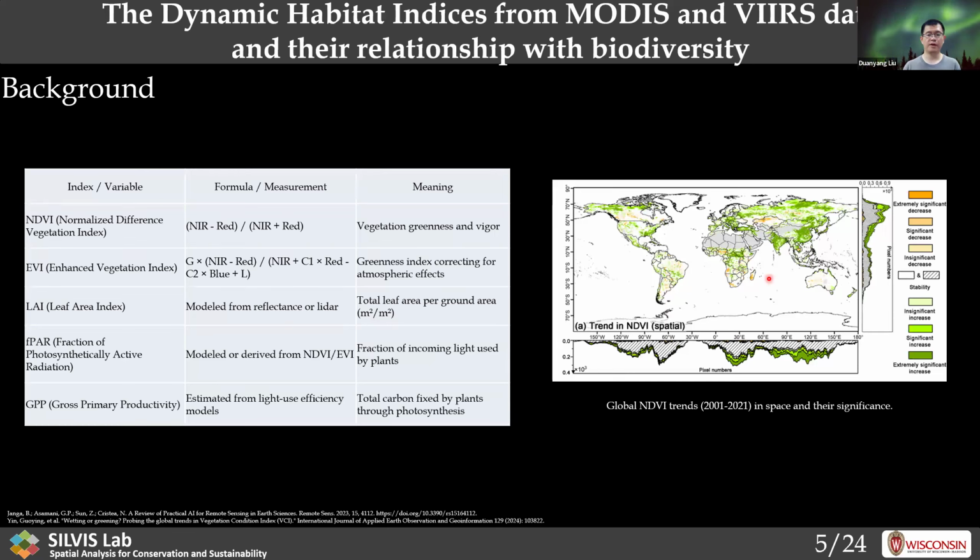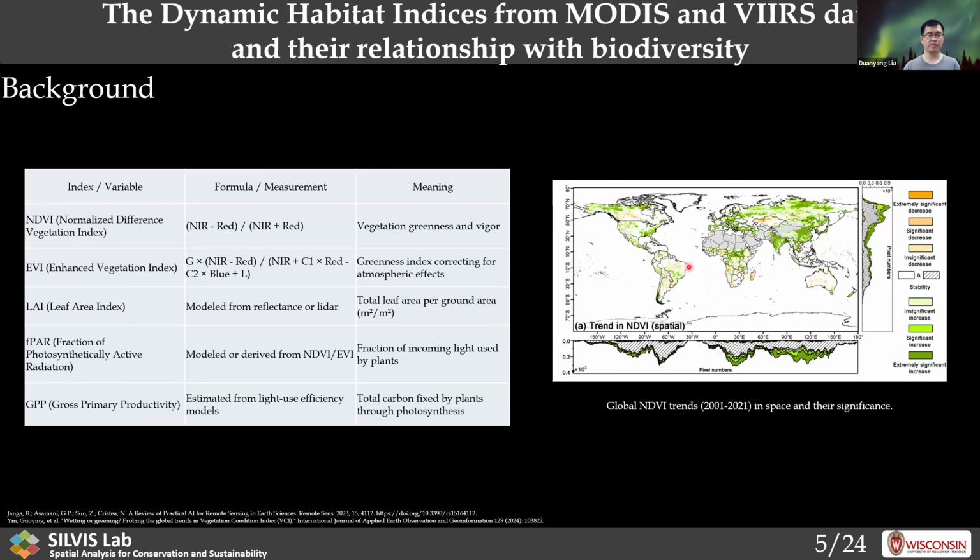And the red map is an example of a vegetation indices application. This map shows the trend of global vegetation greenness and the corresponding significance level from 2001 to 2021 based on the MODIS NDVI product. And the chart below shows the variation in change over different parts of the Earth.